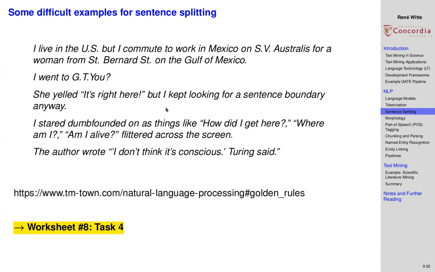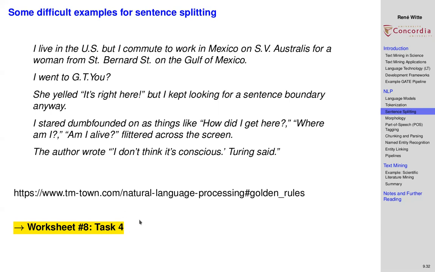So if you want to do it completely right, you have to be able to deal with nested sentence boundaries. And you can have multiple sentences nested inside another sentences, like in the example here. So again, sentence splitting in practice on real-world documents is a lot trickier than what you might think initially.